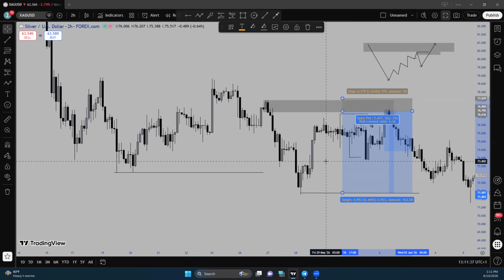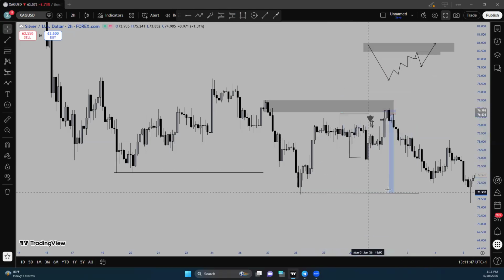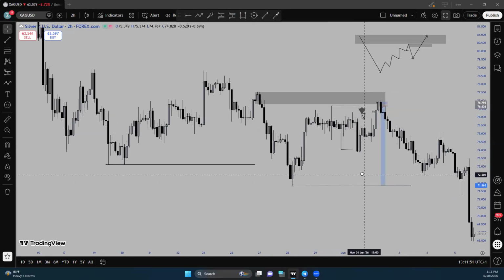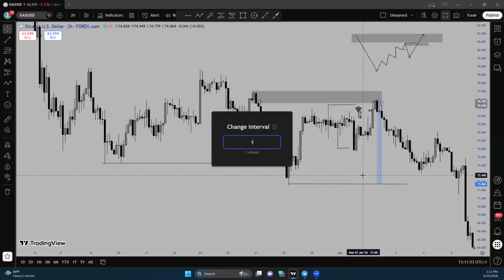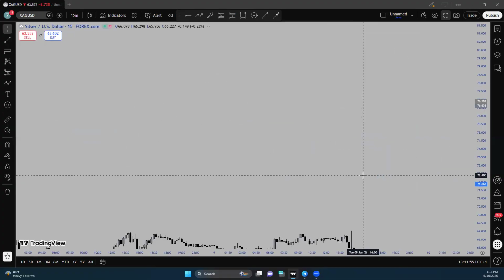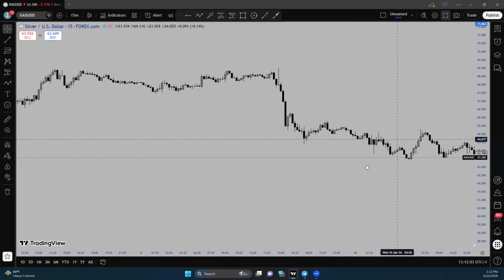And the other one is that it's maximizing my risk to reward more than 300% of his. His is 1 to 6 and mine is 1 to 30. That's a lot of difference between us. So you see, confirmation entry not only saves you from unnecessary losses, but also helps you get maximum risk to reward. Are you guys following?